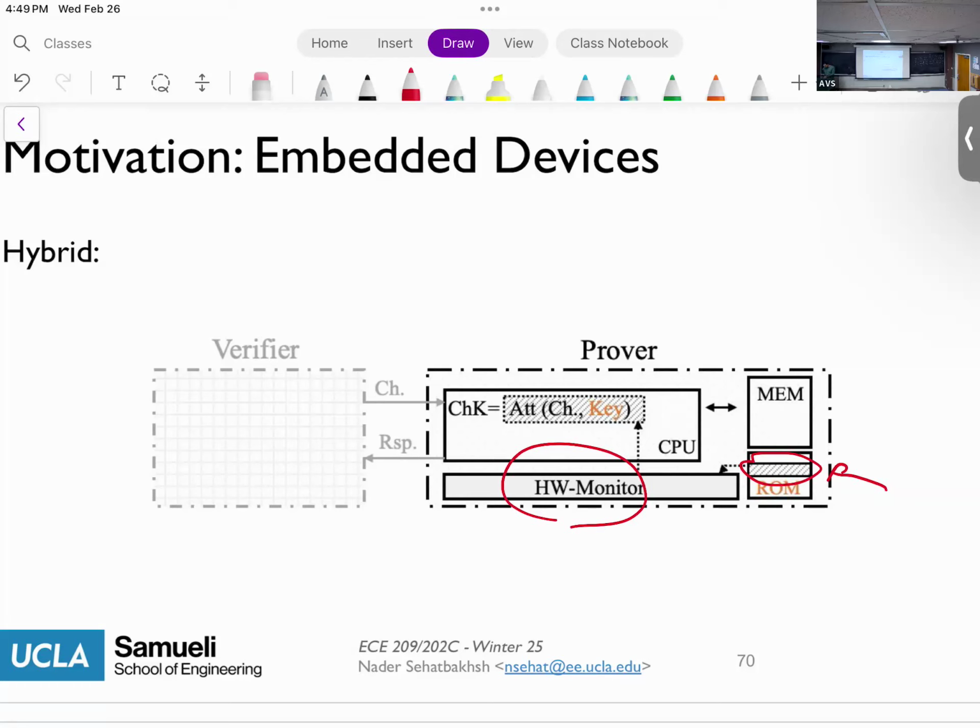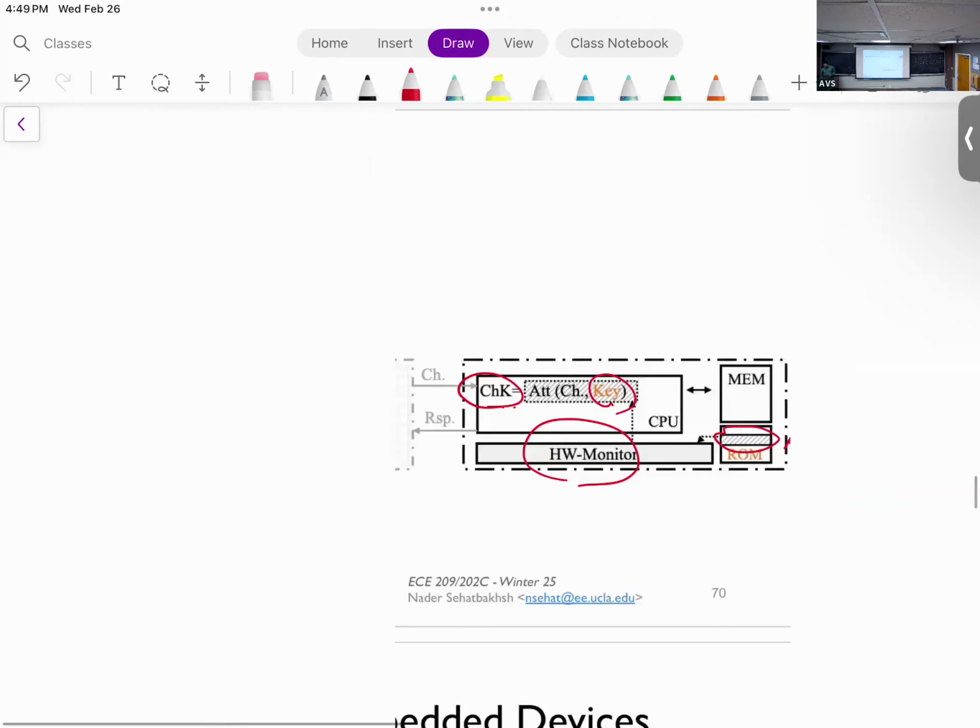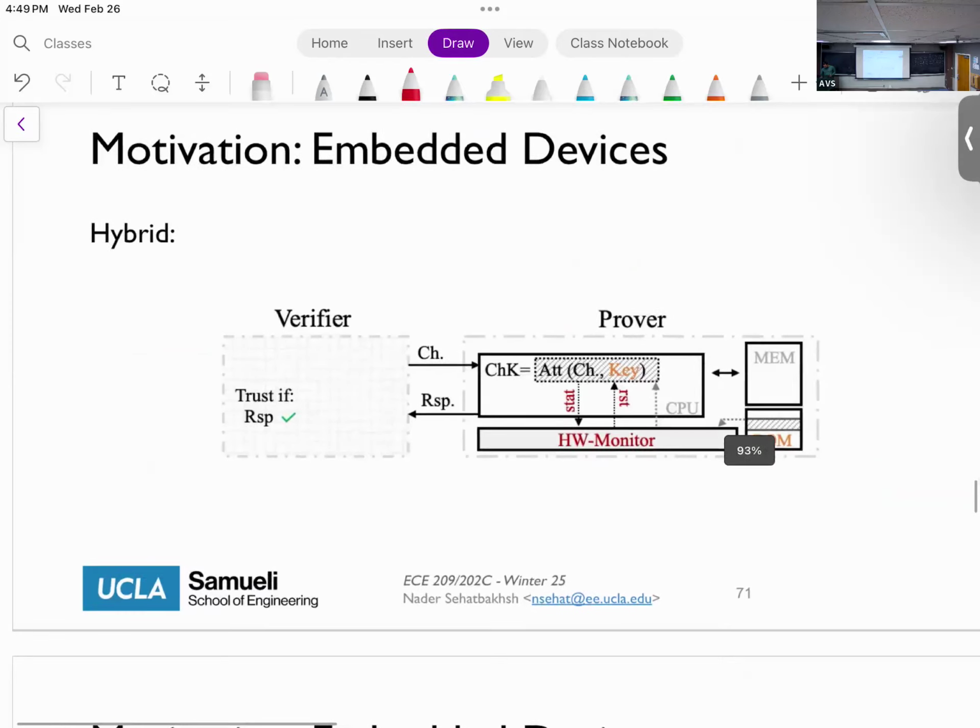The big thing is that you have this key in order to produce the response, and you trust the system if the response is correct. You no longer need to check the time, right? So the big difference between hybrid and software is that if you get the response and the response is correct, you're good to go. And if there is any attempt to tamper with this behavior, a reset signal is issued to the system, okay?